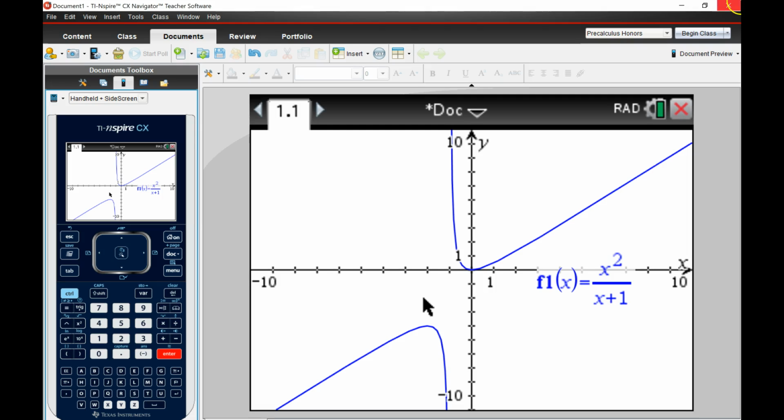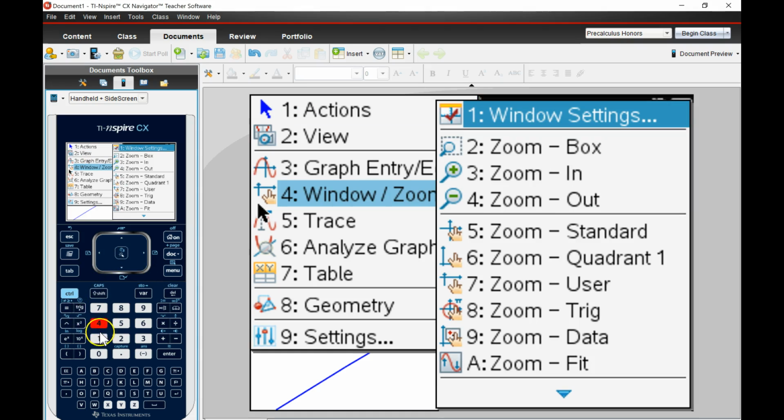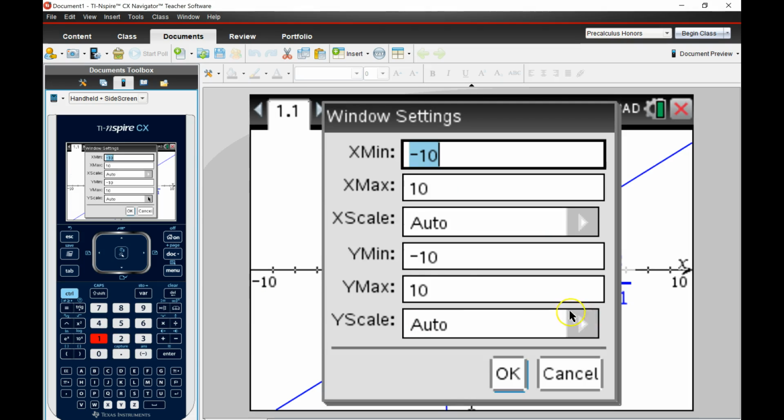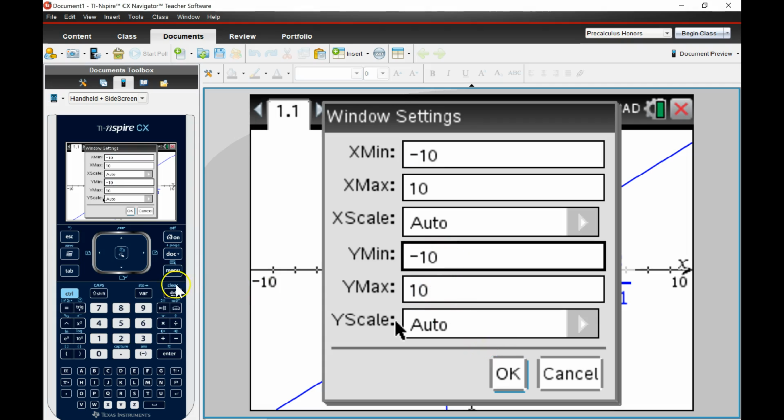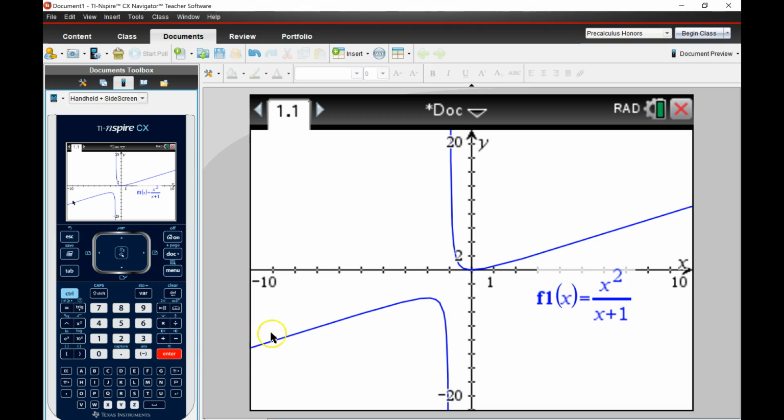Okay, now, I went to menu, number 4 for window, number 1 for settings, and then I just changed Y min and Y max to go from -10 to 10. And you know what? I might actually go a little bit further now that I'm here. Why don't we do -20 and 20? I'm just feeling, you know, like I want to splurge today.